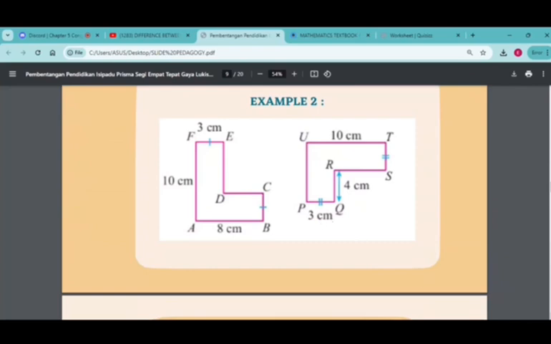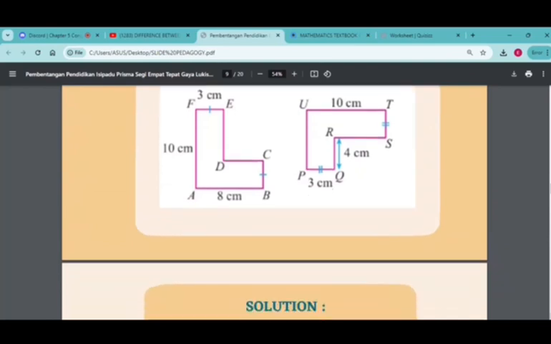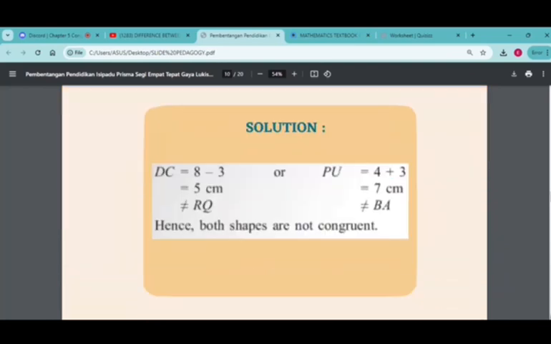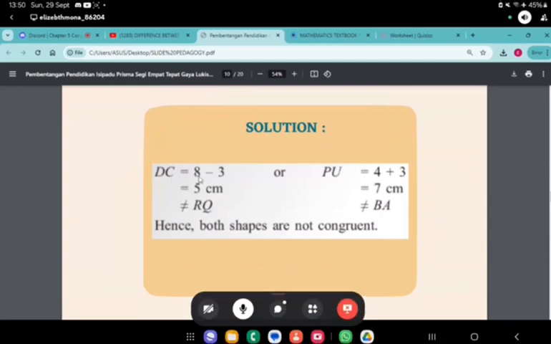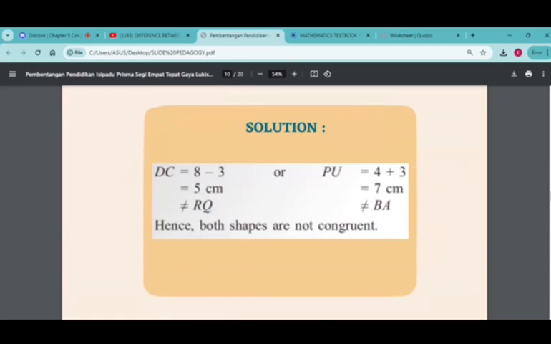Okay. Let's see the solution for example 2. For example 2, solution: DC is 8 minus 3, which is 5 centimeters. DC is not the same as RQ or PU, 4 plus 3 is 7 centimeters.